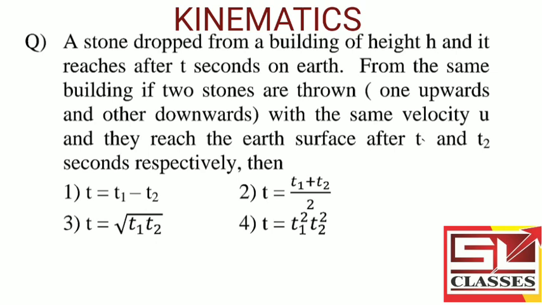From the same building, if two stones are thrown, one upwards and the other downwards, with the same velocity u, and they reach the earth surface after t1 and t2 seconds respectively, then options are given: t equal to t1 minus t2, t equal to (t1 plus t2) by 2, t equal to root of t1 t2, and t equal to t1 square into t2 square.